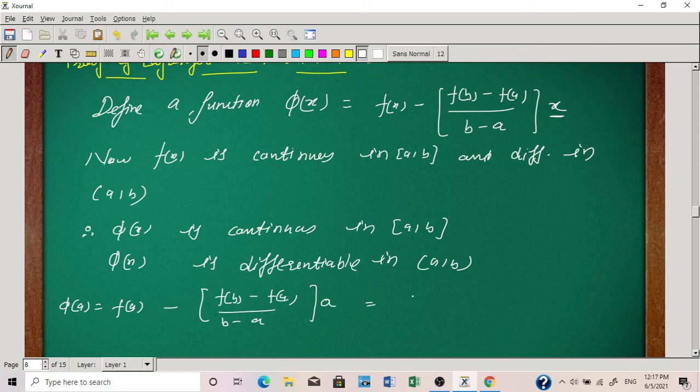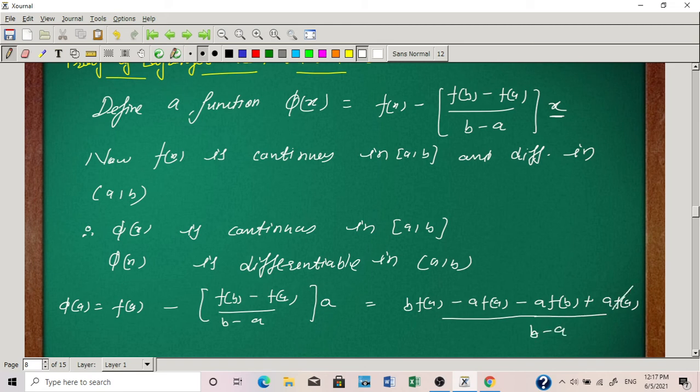If we solve this equation, we will get (b f(a) - a f(a) - a f(b) + a f(a))/(b - a).